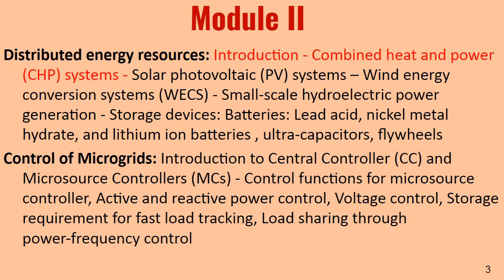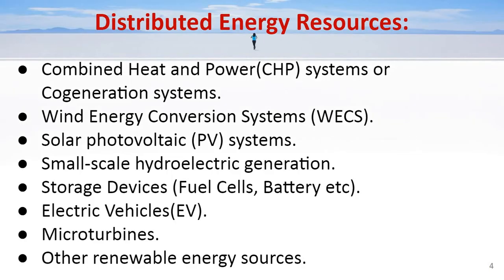This module 2 basically deals with distributed energy resources and control of microgrids. Today we will see the various distributed energy resources, and specifically combined heat and power systems. The first one is the combined heat and power systems, also called cogeneration systems.